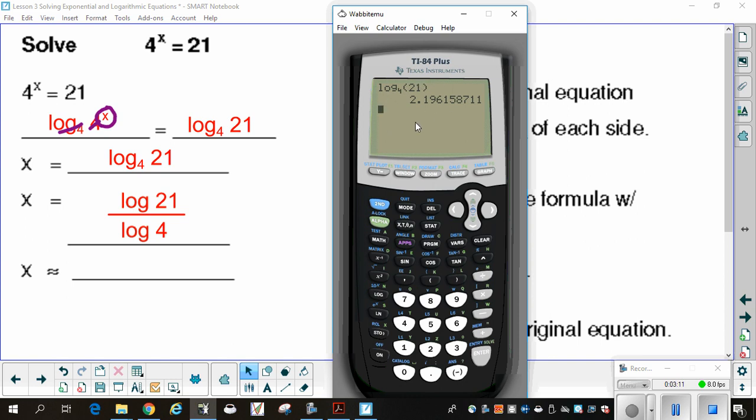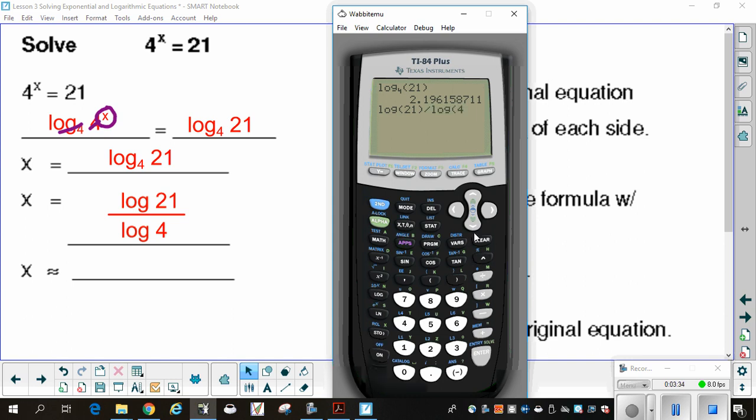What if you're stuck at home and all you have is a basic scientific calculator? Then remember, log of 21 divided by log of 4. The base stays the base, goes in the bottom, but we're going to use the natural log. So I can do log 21, don't forget your closing parenthesis, divided by log of 4.